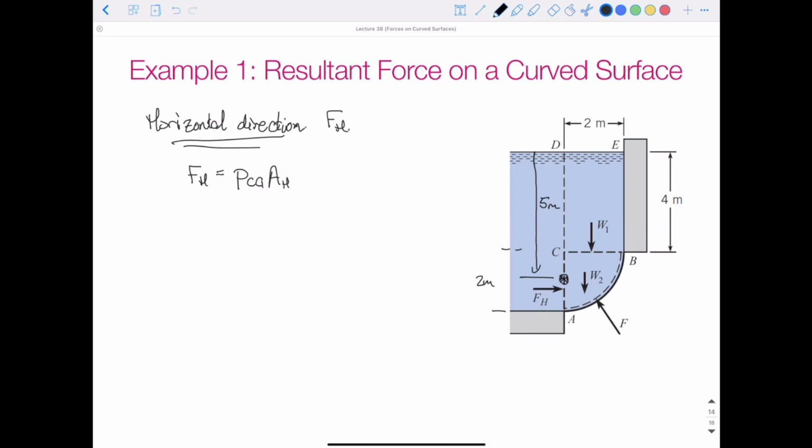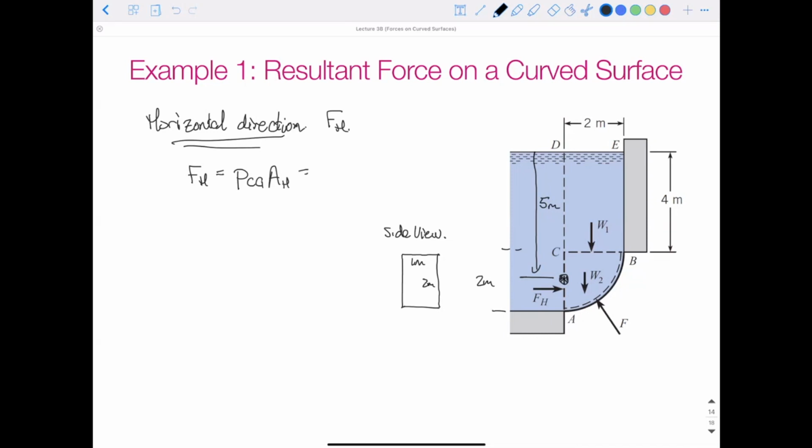And the area of that rectangle, if we view it from the side, is 1 meter wide and 2 meters tall, so the area is 2 meters squared.